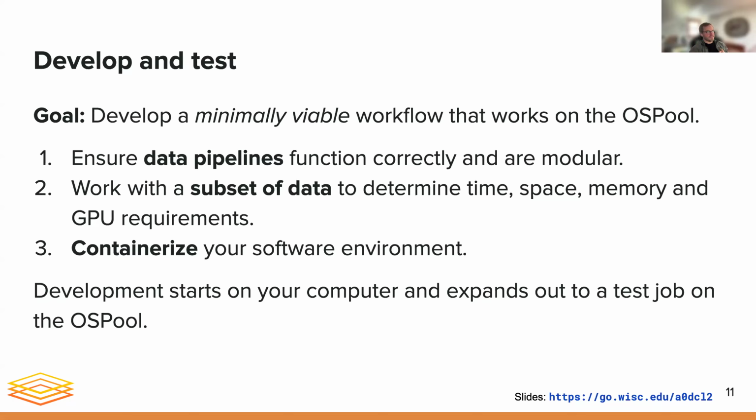How much space is it taking up? How much memory is it consuming? And if I'm thinking about GPUs, it's a little bit hard to map laptop to OSPool, especially if you have a MacBook. But getting a sense of do I need something big and state of the art, or am I happy with something that's a little bit older, a little bit smaller, and a little bit more readily available in the OSPool?